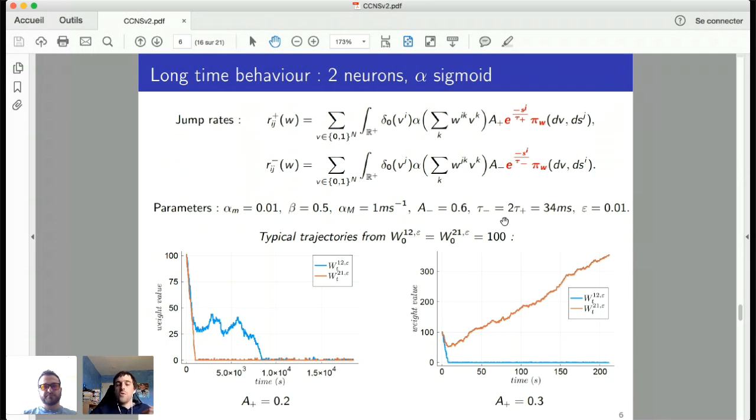In the case of two neurons, we are able to compute this Laplace transform, and we can find some parameters for which we know that the weights should converge, as on the left, or diverge, as on the right. The parameters are found with the limit process, and this is an illustration for the initial process with a fixed epsilon equal to 0.01.